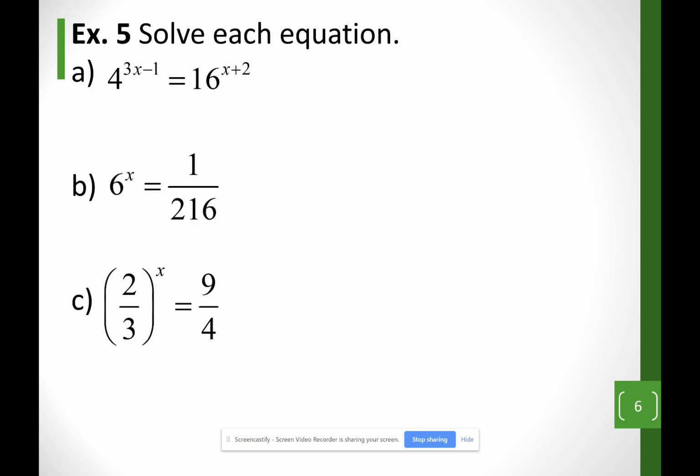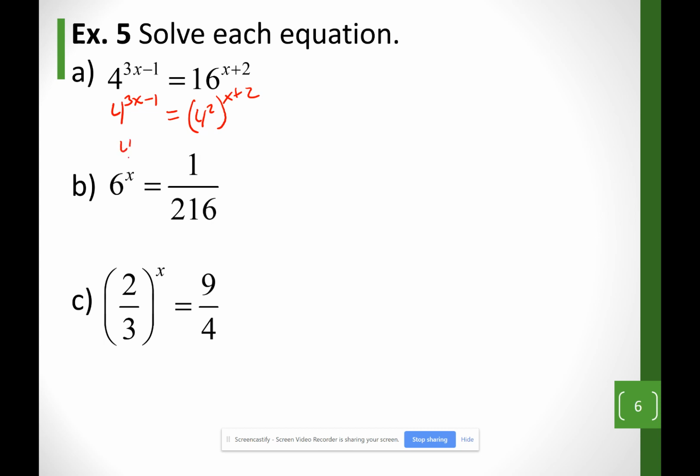Looking at this other one, I want to write everything with the same base. 16, I can write that as 4 to the second. So I'm going to leave the left side alone. So I have 4 to the 3x minus 1 is equal to 4 squared, because that's how I'm going to write 16, to the x plus 2.